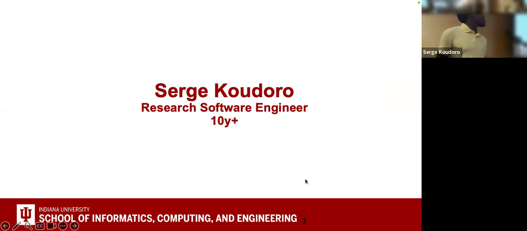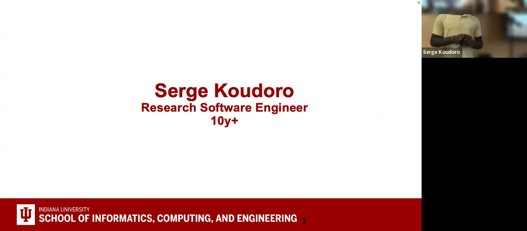Before I start this talk, I need to present myself a bit. I'm Serge Koudoro, research software engineer. It's been 10 plus years that I've been doing this job. I started with a master's in computer vision back in France. Then I moved to a private company in the Czech Republic, where I worked in biometry, fingerprint detection, this kind of stuff.